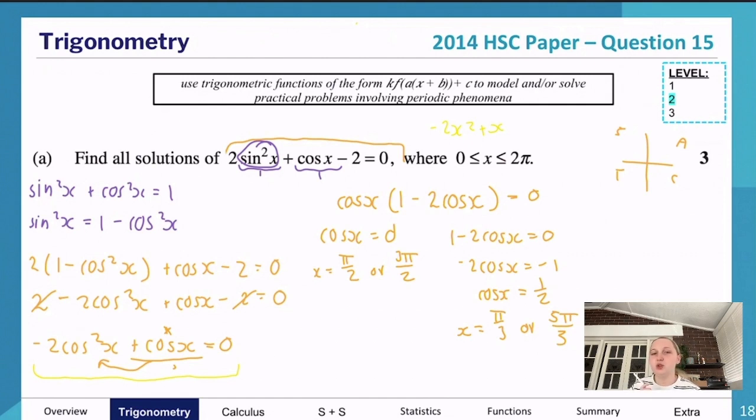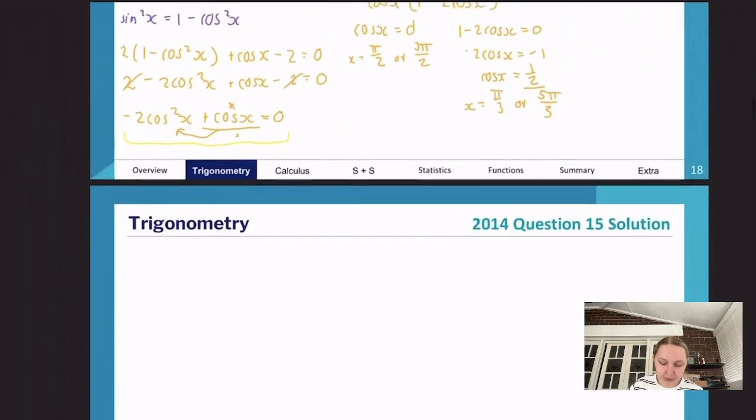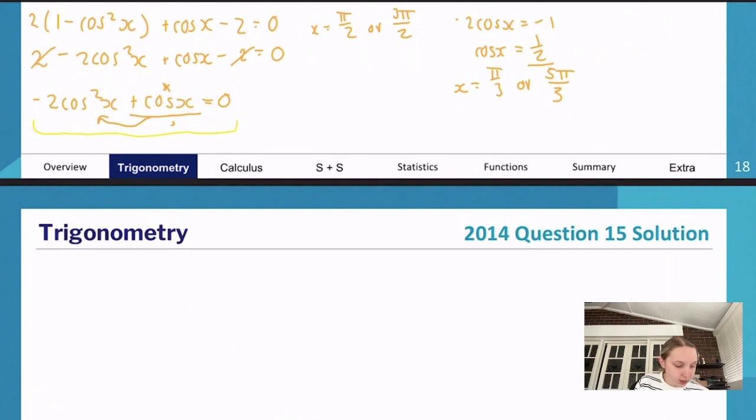Again, with this question, it's super important to remember that there's more than one solution, because cos x, if it's a half, it's positive. So it's positive in 2 of our quadrants. I'm just going to scroll down to the next page so I've got some more room. Then we just have all of our solutions, and what we want to do is order them.